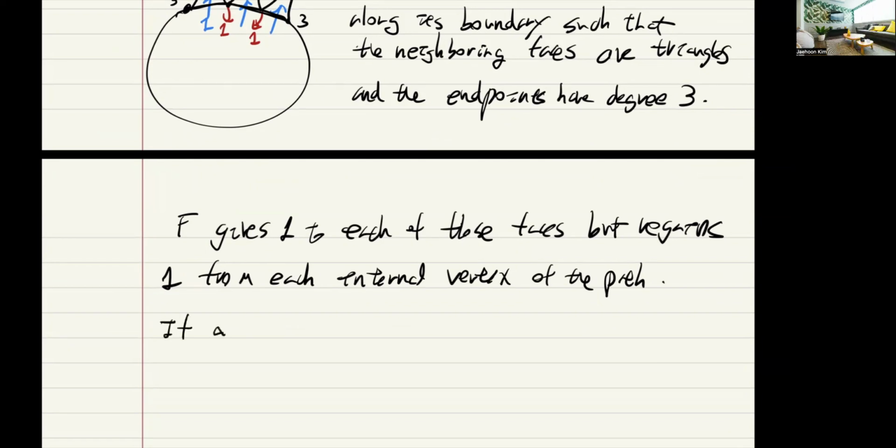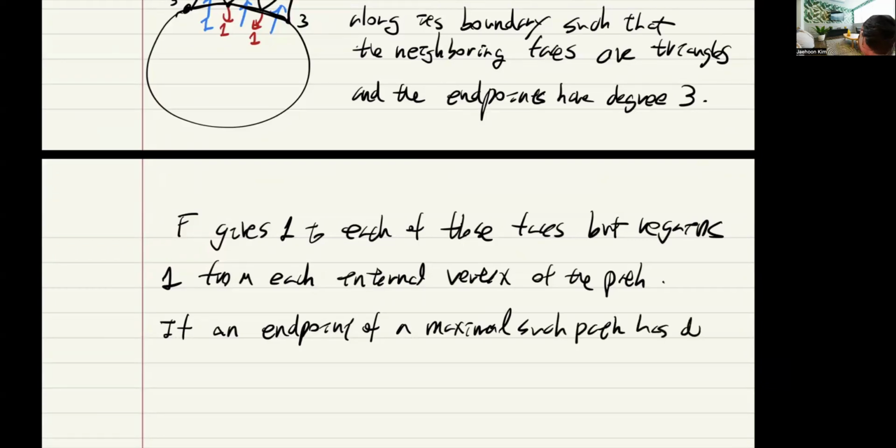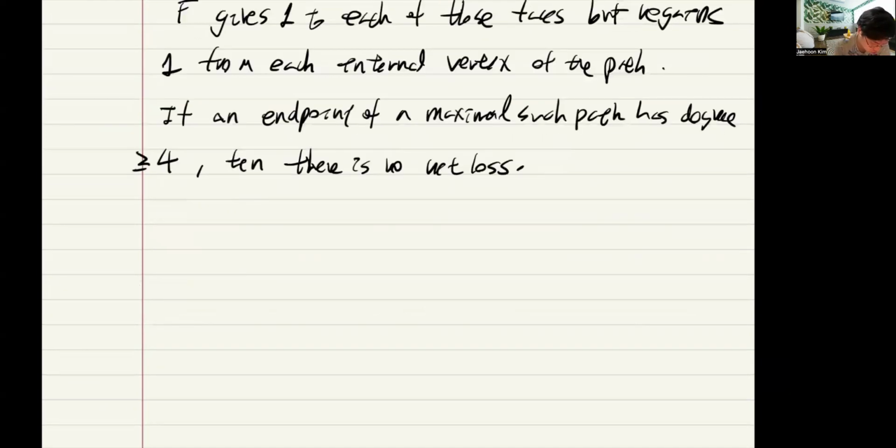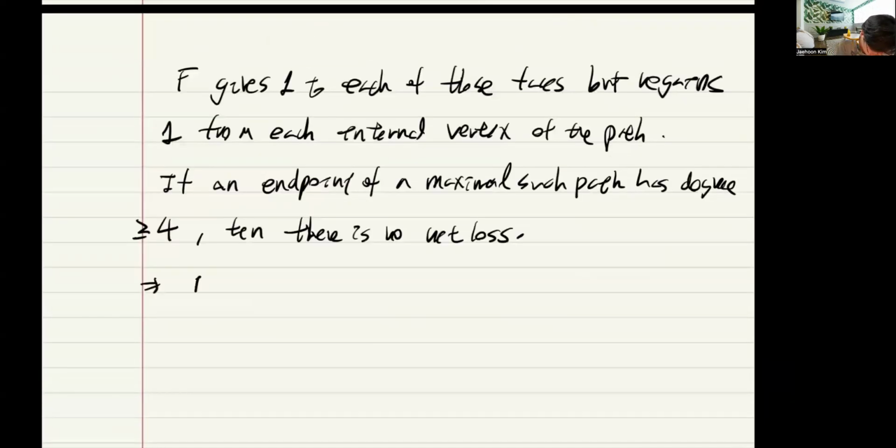It's an endpoint of a maximal such path. If the degree is at least 4, then there is no net loss. So then what does it say?